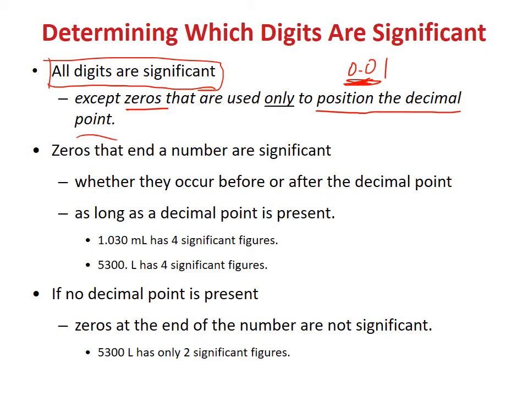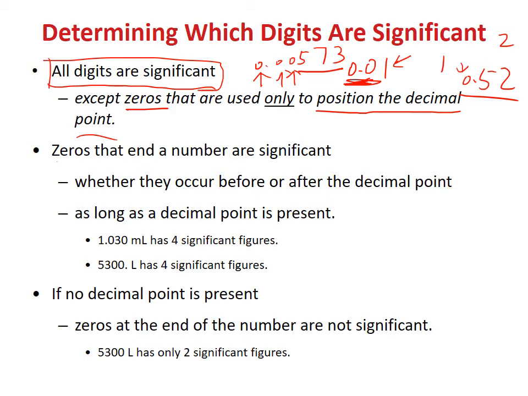So this has only one significant figure, and it's this one. 0.52. How many significant figures? Only 2. And 0.00573 has 3 significant figures. These zeros are all used to position the decimal point. They are not counted as significant figures.